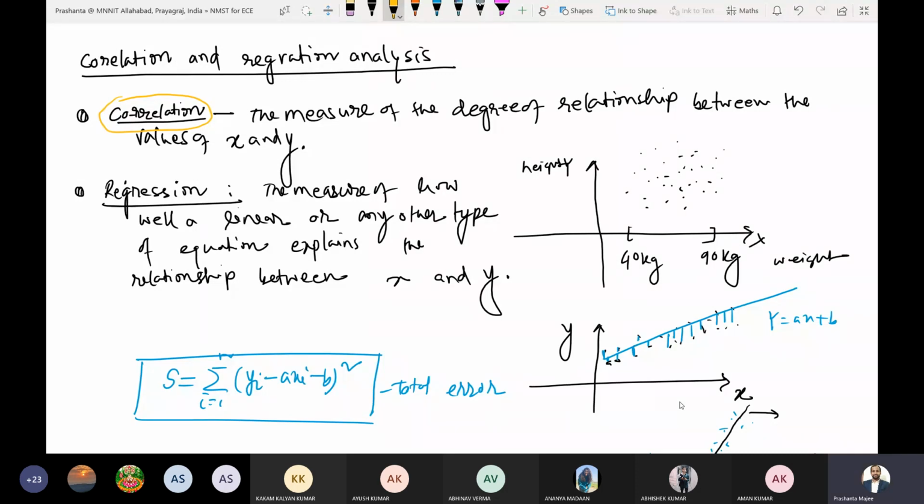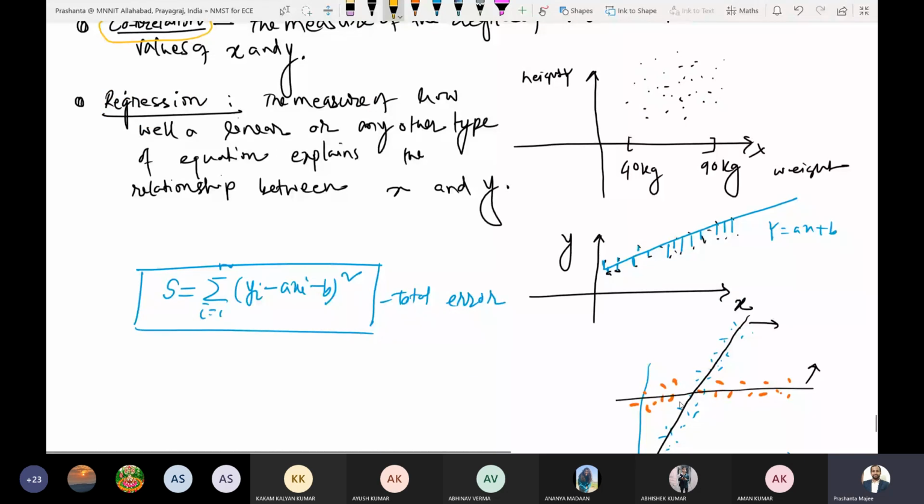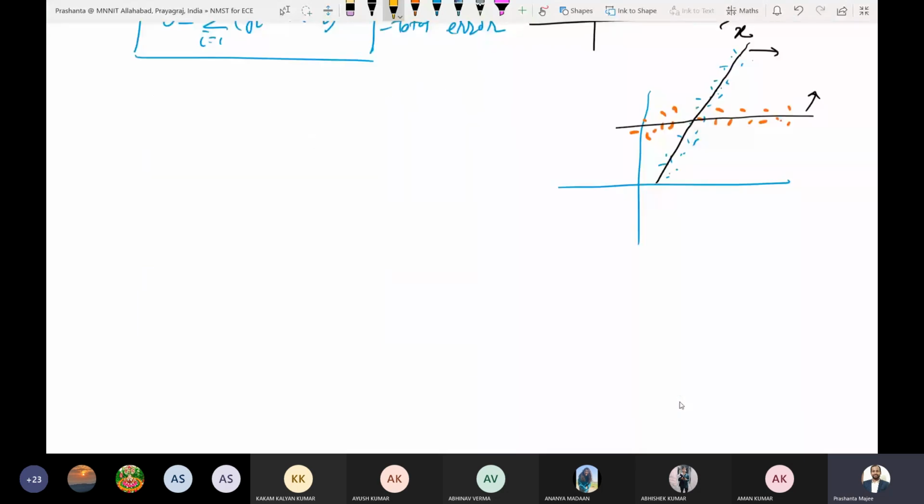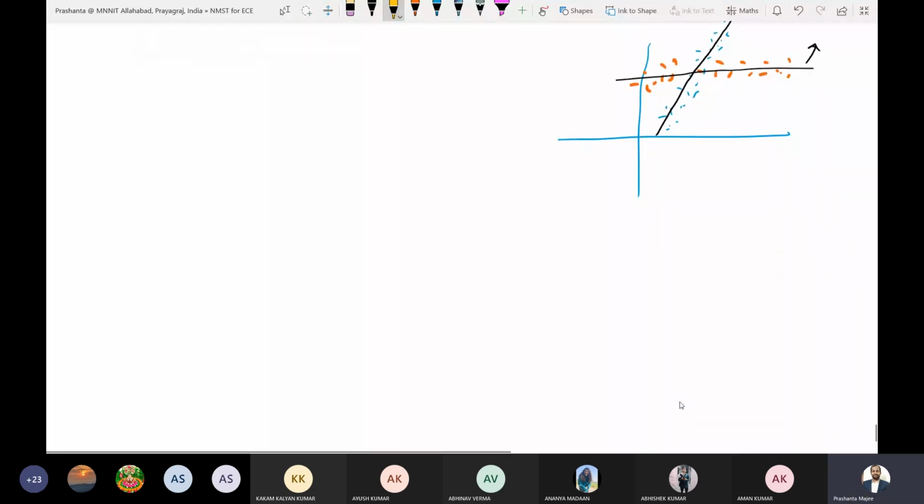So how do we find the correlation between two-dimensional data? How do we find the measure of the degree of relationship between x and y? For that we need a scatter diagram.